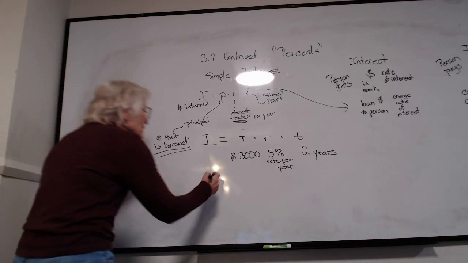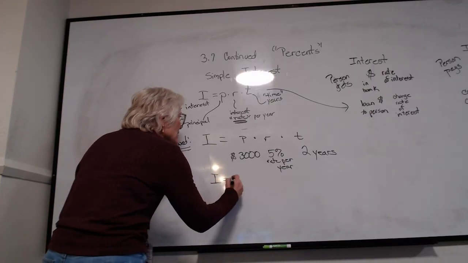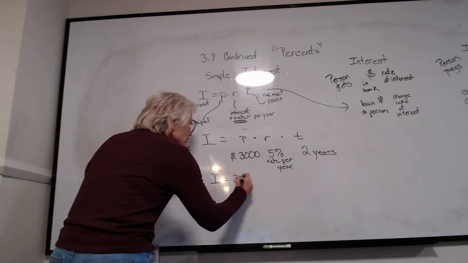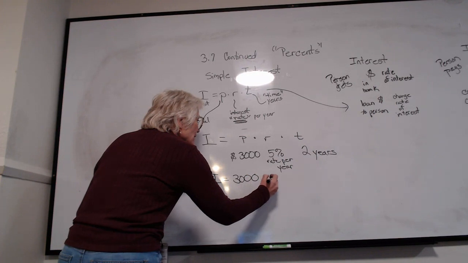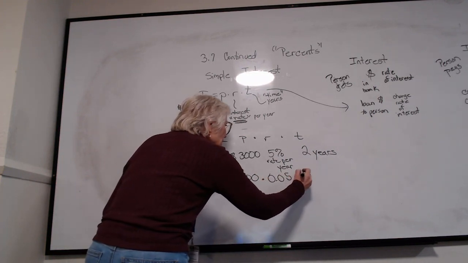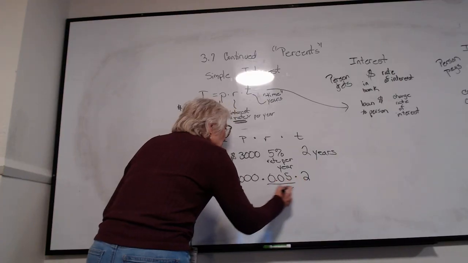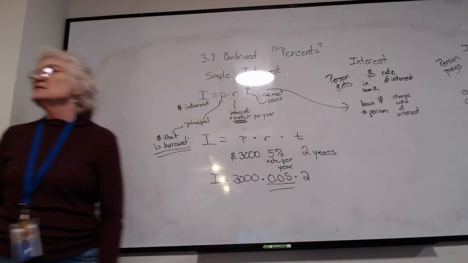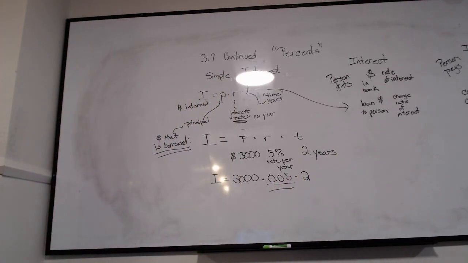So here, the interest would equal 3,000 times 0.05 times 2. Why did I change that number there from 5% interest to 0.05? Yes. Cause you had to change it to a decimal.